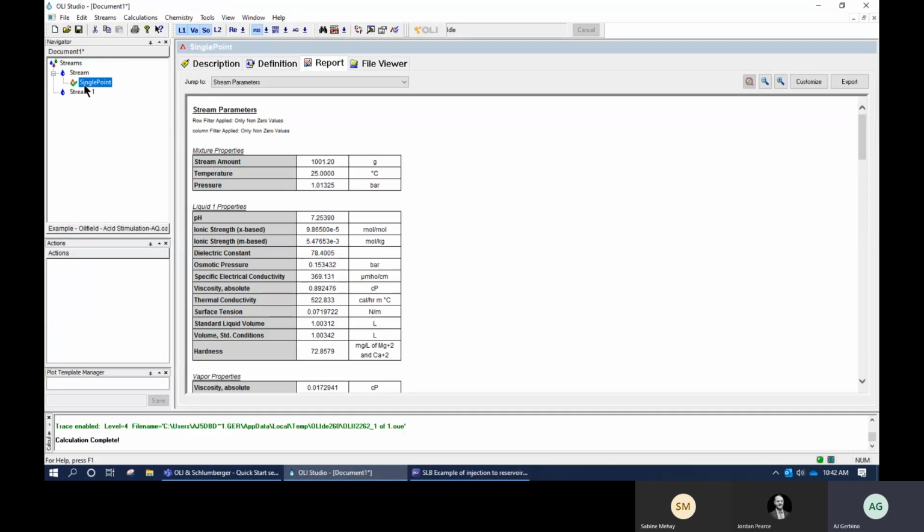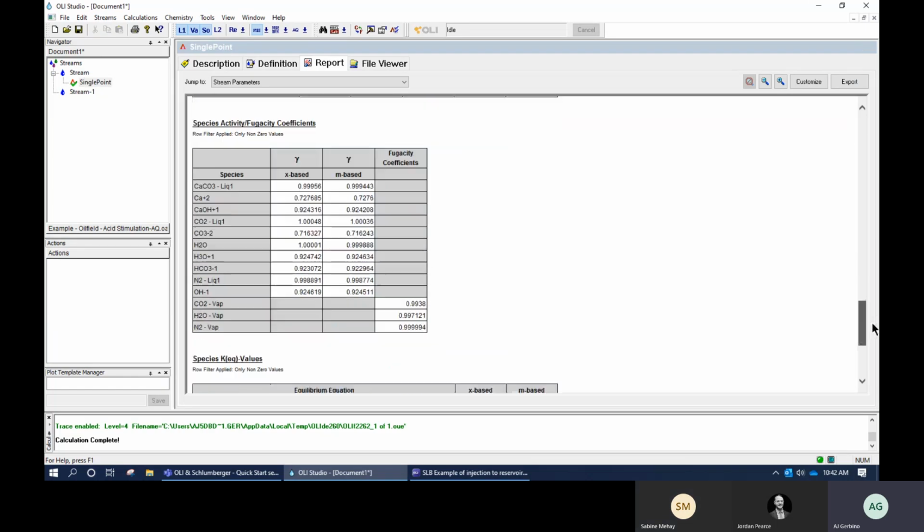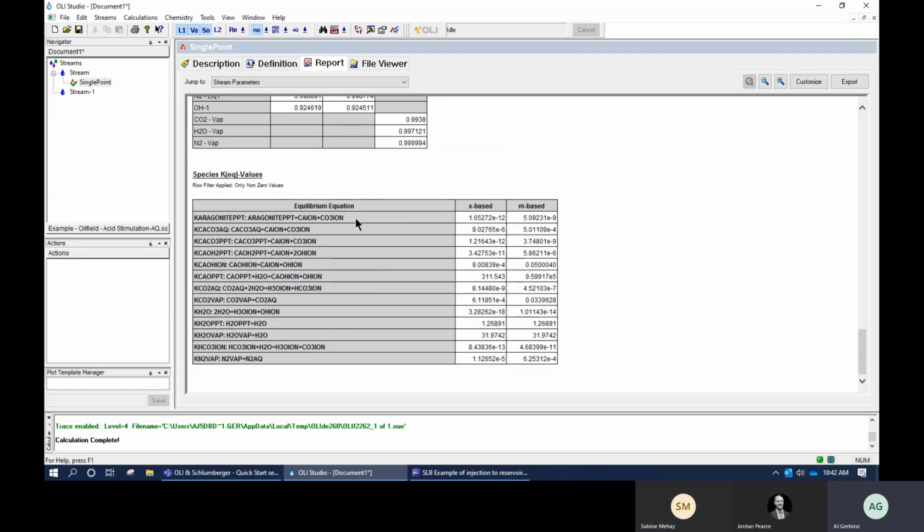When we did the calcite reaction before, and I was going to show you those equilibrium constants, these are the chemical reactions that are used to calculate equilibrium. And I could take any one of these chemical reactions and limit the rate of the extent of its reaction. So for example, this is the precipitation dissolution reaction of calcite.